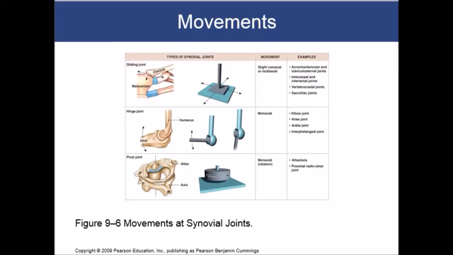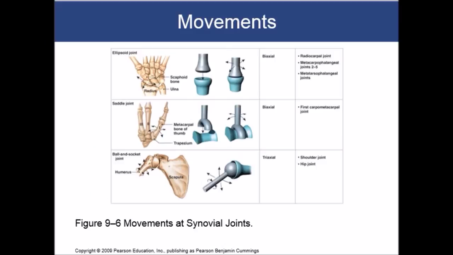Don't expect many questions from these, but this table is actually important. Here is one, the type of movement and the example. 1, 2, 3, and then you have this table, another 3. So you need to know the type of joint, is it biaxial, monoaxial, or triaxial, and the example.